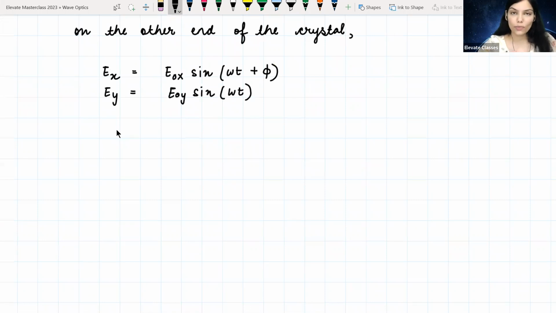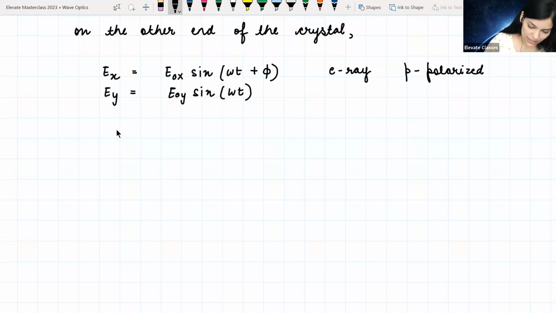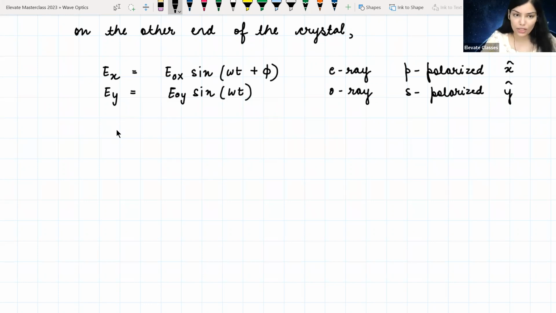So now if this kind of two oscillations I have, so what is this? This is just the problem जो हमने starting में पढ़ा था कि अब ये मेरा E ray है, which is P polarized, which simply means that it is oscillating along the X cap direction. Okay. And this is my O ray, which is S polarized, which means that the oscillations of the electric field are happening along the Y cap direction.